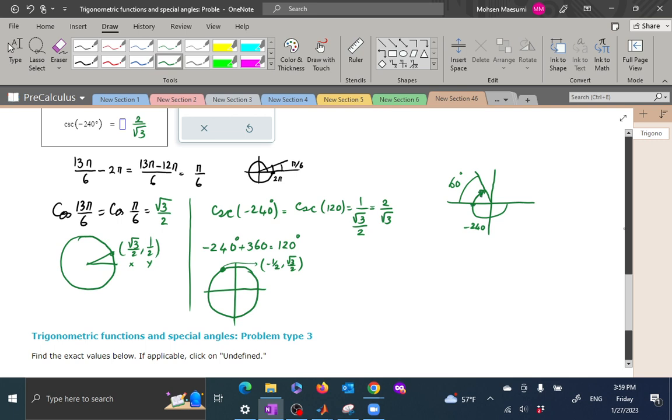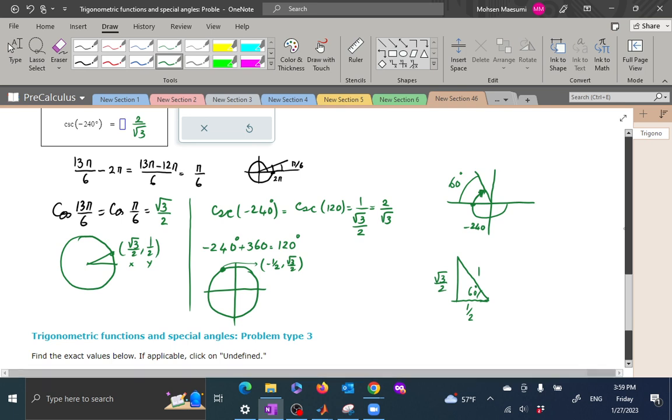If it is 60, you go ahead and plant your 60-degree triangle in this location. What do you have? This is 1/2, this is radical 3/2, and this is 1.